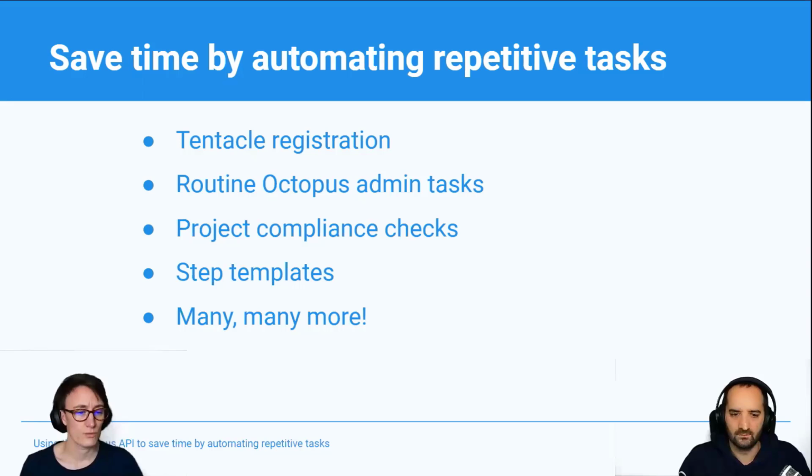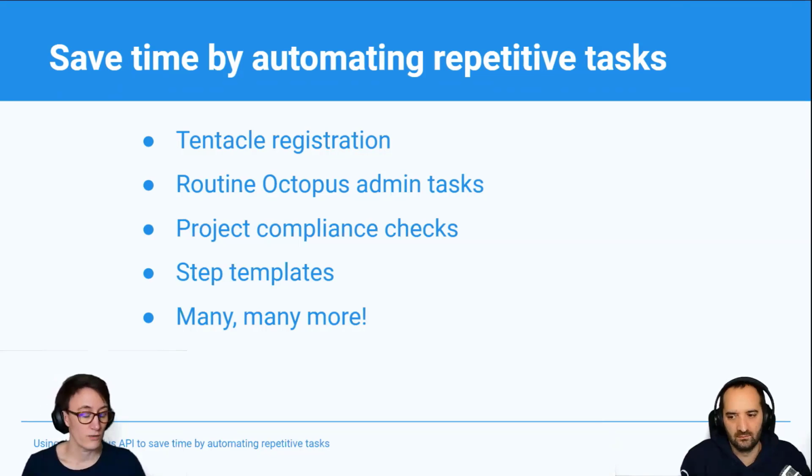And I think that's a really nice way to use those API tasks. Project compliance checks, which is something that Mark touched upon. Maybe you want to ensure you have manual interventions for your production deployments, those sorts of things in every project, then you can set up some sort of script that would do those checks.